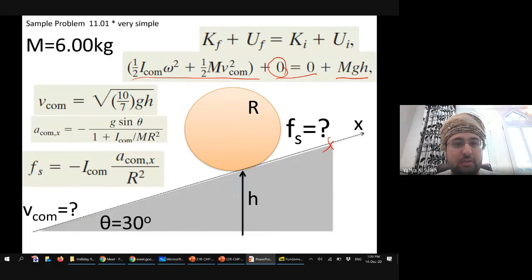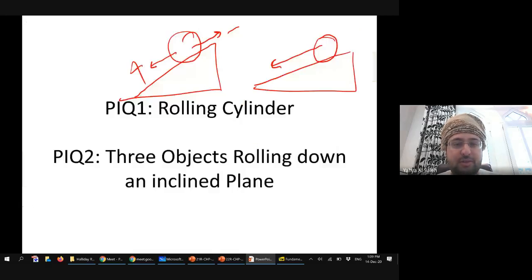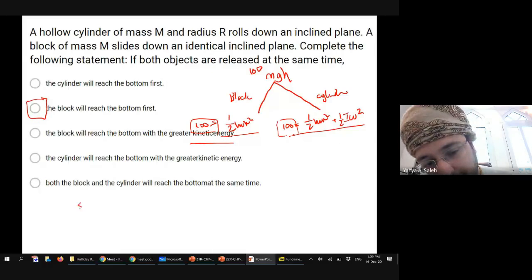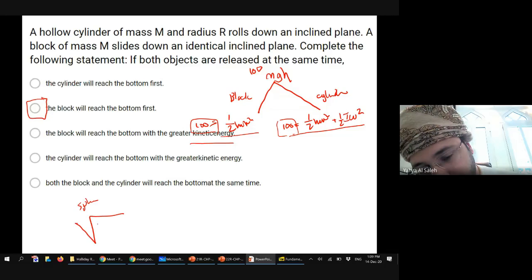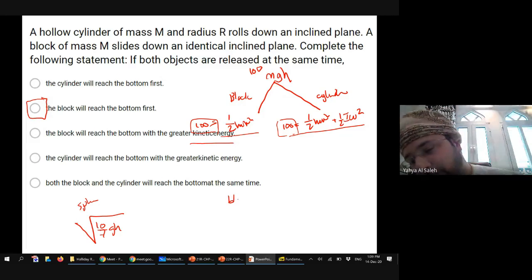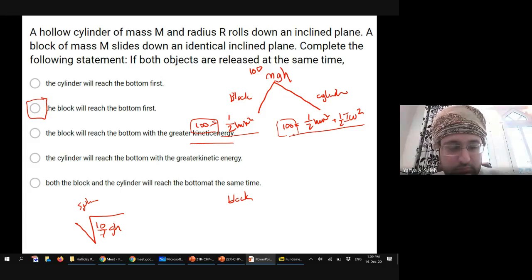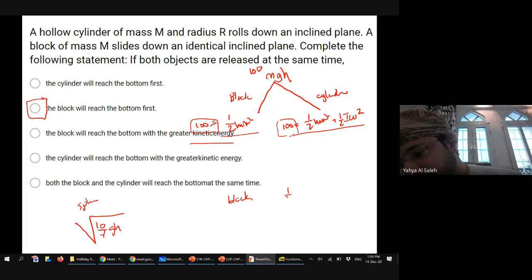Let's try it. Vcom for a sphere is the square root of 10 over 7 gh. And for a block, it will be half mv squared equals mgh. The m's go away.